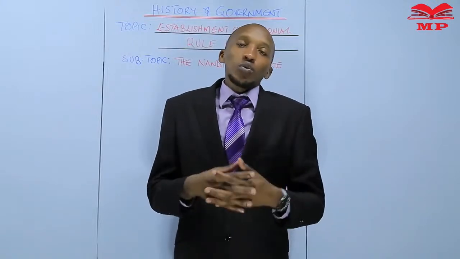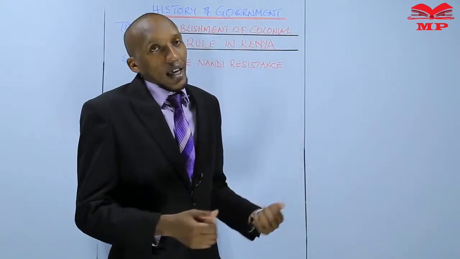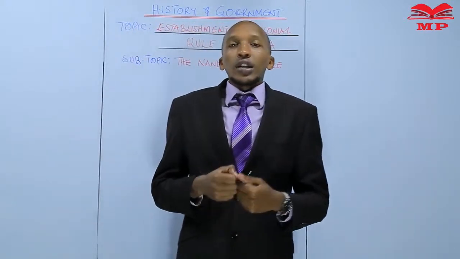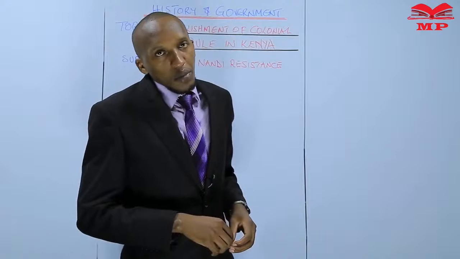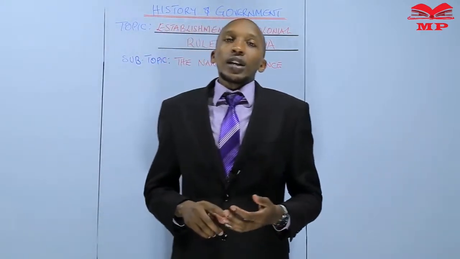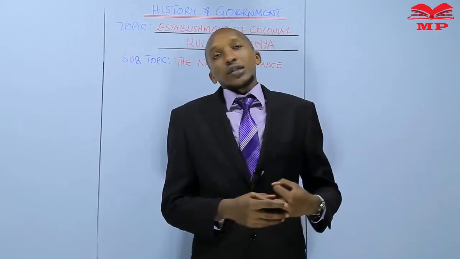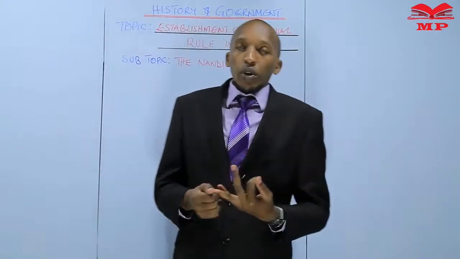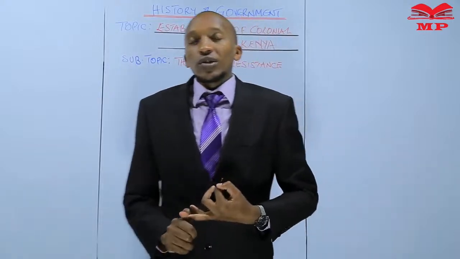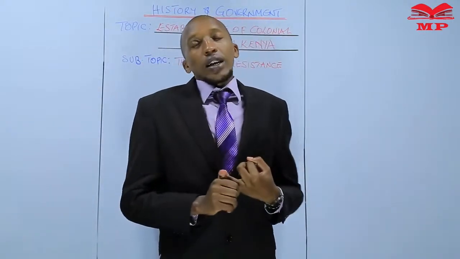What are these ways? Which are these responses that the Kenyan communities instituted towards the British? Are you able to remember them? We said there are three responses that the Kenyan communities gave to the process of European colonization in Kenya.